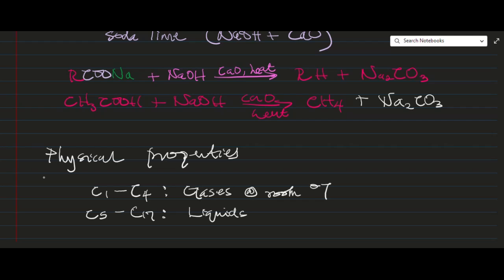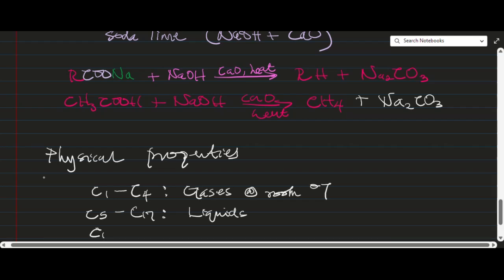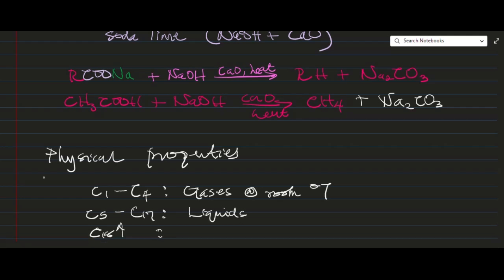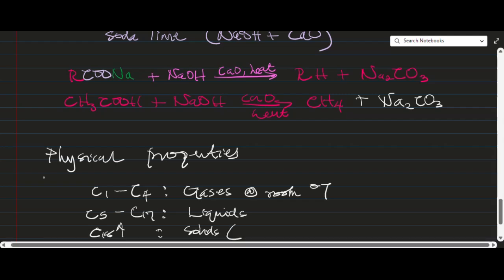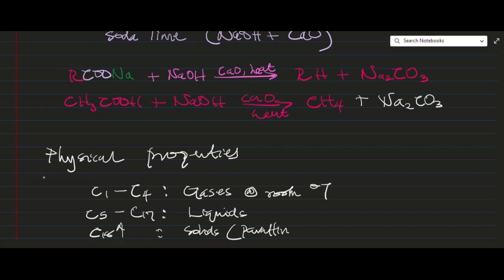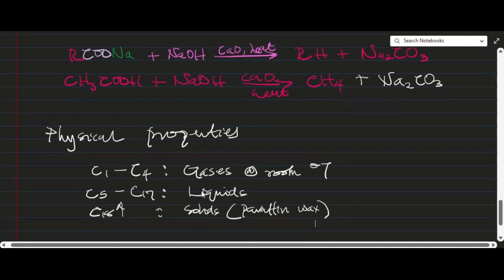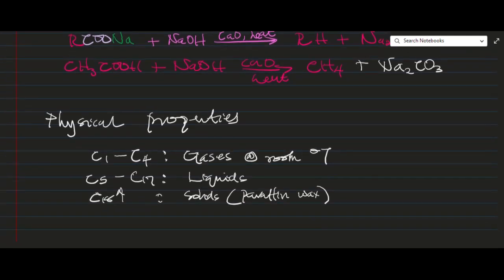From C18 upward, greater than or equal to C18, they are solid at room temperature. When we say solid, remember your paraffin wax, remember your asphalt, the one they use to tar the road. So they are solid.